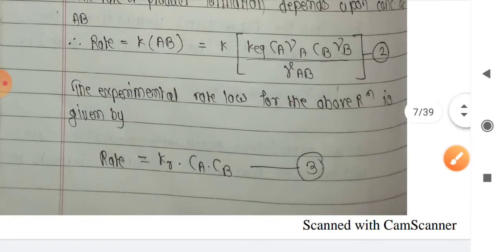So what is the experimental rate law? If you perform the experiment, there is no exact way to find the concentration of the activated complex.